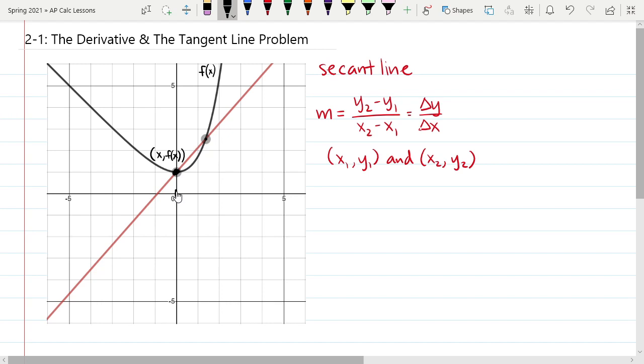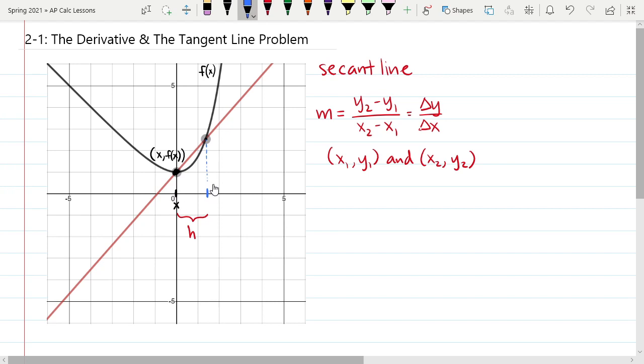So again, notice that down here, this is just whatever x is. Now for the second point, the x coordinate is over here, and I want to call the distance between these x's h. So again, h is measuring the distance between x and the second x coordinate.